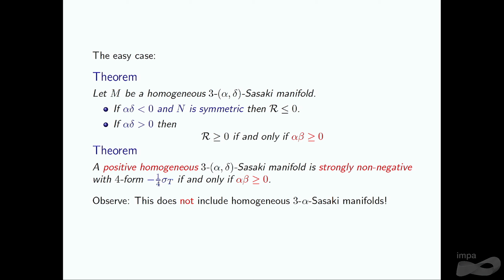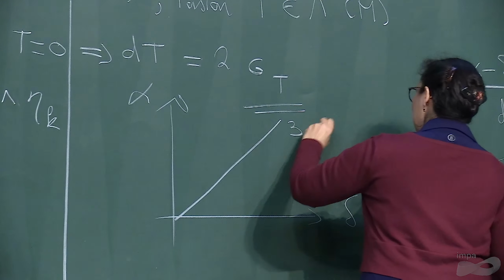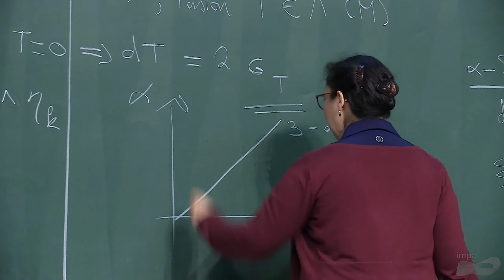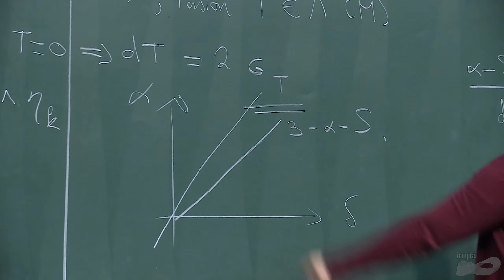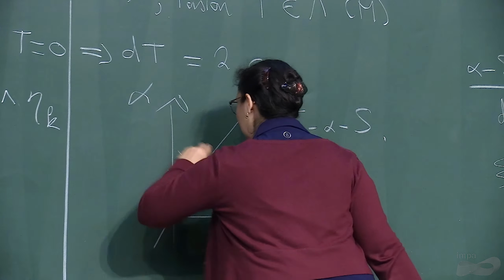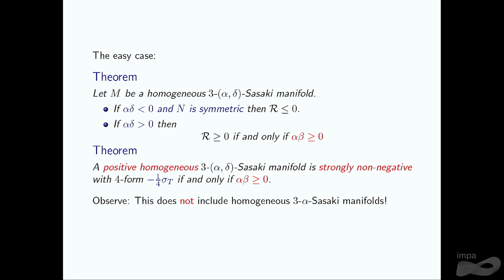Now, you remember my picture of this plane, right? So this was my alpha delta plane. Here was the diagonal corresponding to 3 alpha Sasaki, right? And then there was this parallel case, which was delta corresponds to 2 alpha, and alpha times beta positive is anything which is here, which means in particular that this does not cover homogeneous 3 alpha Sasaki manifolds because this condition just fails.